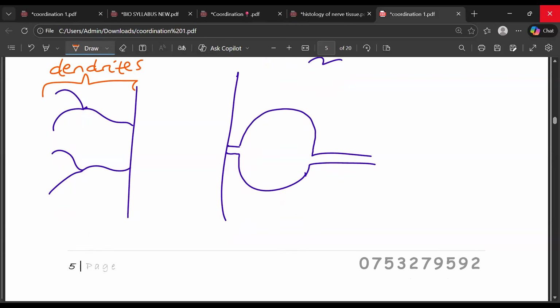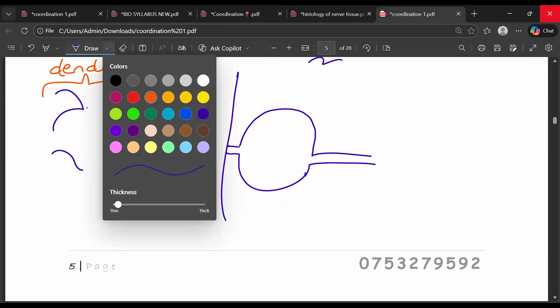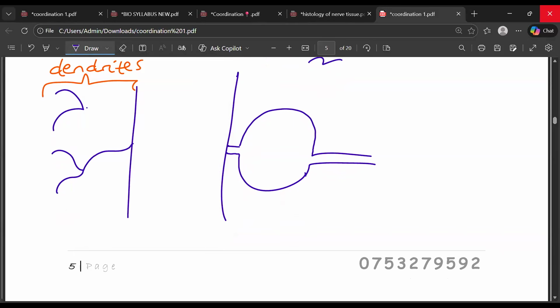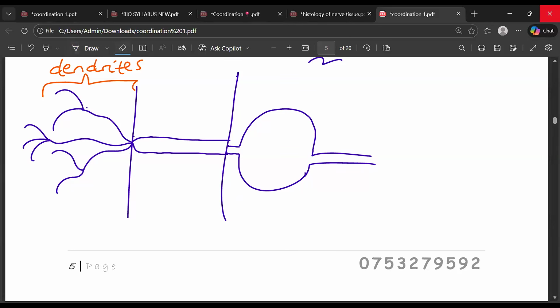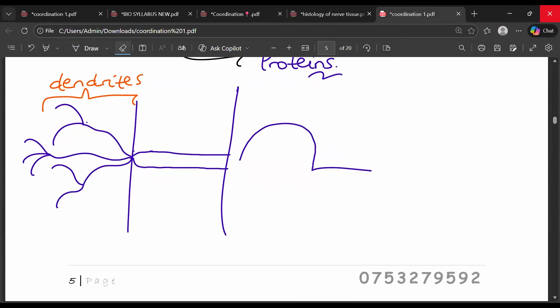Now, the moment they come together in any way, they can be three, but provided they come together, they form something.